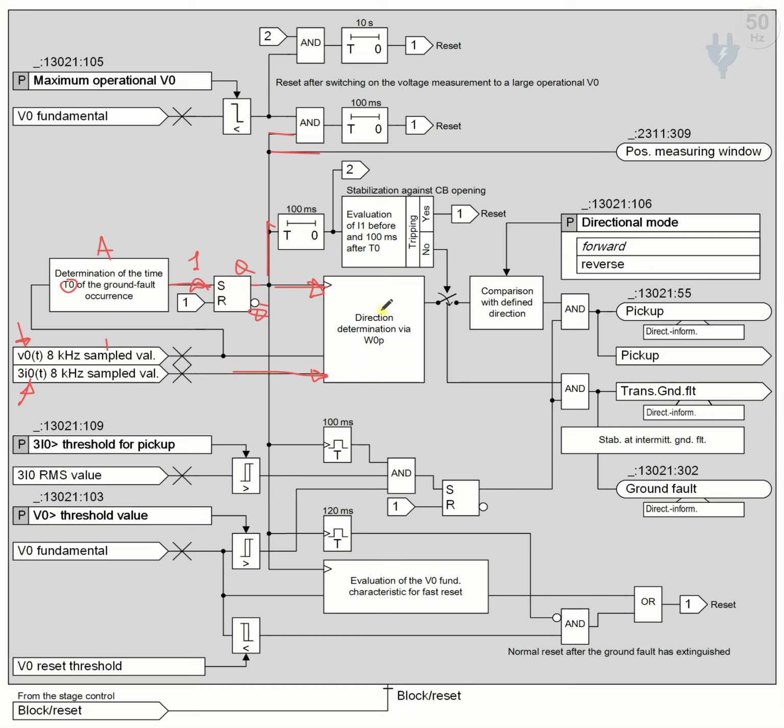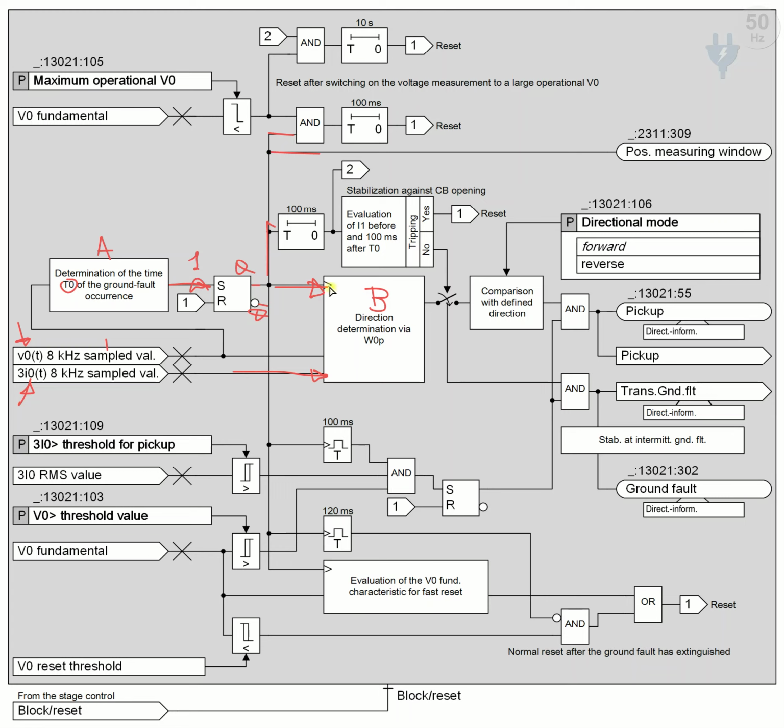Now the direction determination block, which we call the second block or block B, determines the direction of the ground fault which happens.